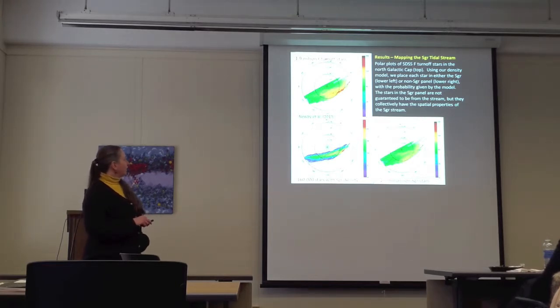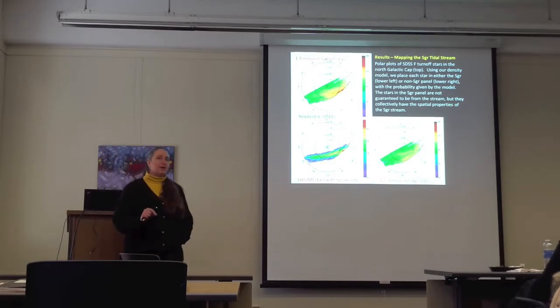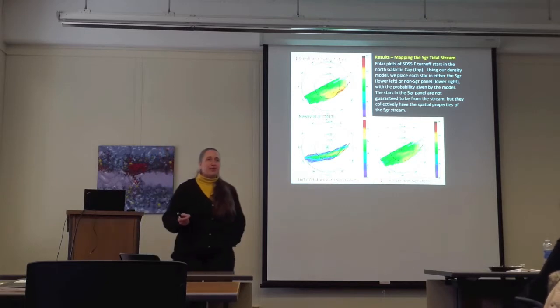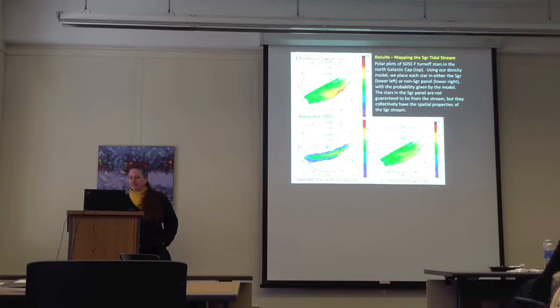So we can pull out a set of stars that has the density of the stream, and then do whatever measurements we want on that to get our density map of the spatial structure of the streams. Then we can take this and fit that stream there and this one over here and bring them out one by one and build up a self-consistent 3D map of all the substructures in the halo, which is what we're working on right now.